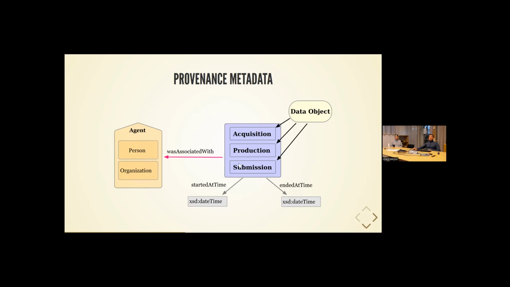And then we recognize three types of them: acquisition, production, and submission. This is something that the data object is associated with. So the data object has been the subject of an activity or was involved in an activity, or whatever you prefer to think. Actually, I don't remember the name of the property here. And then the activity itself has a start time and end time, and it is associated with something they call an agent, but more specifically it's a person or an organization.